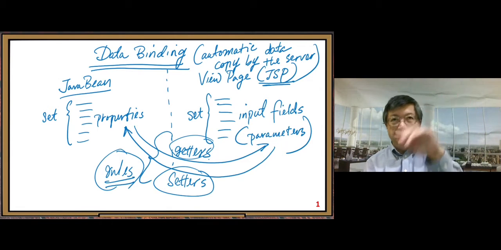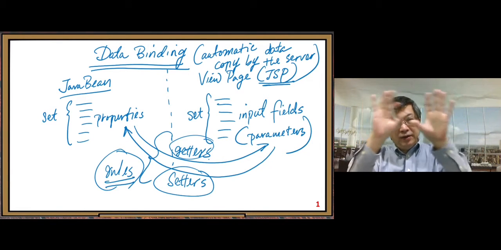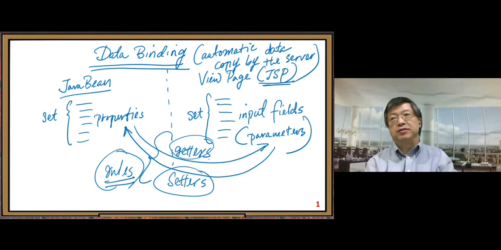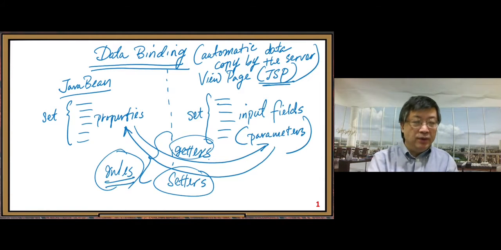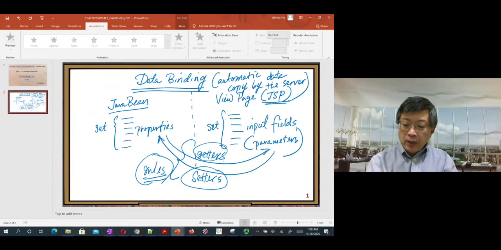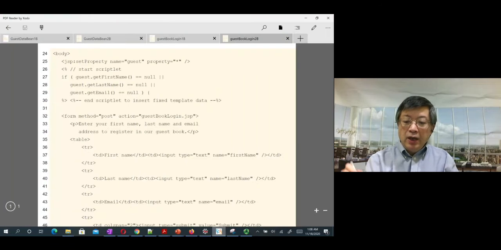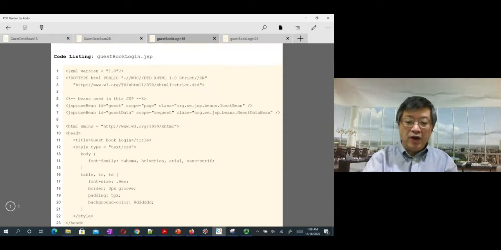Now let's go to the JSP file. I will explain several places, especially the data binding part. Let me bring up the two image files.